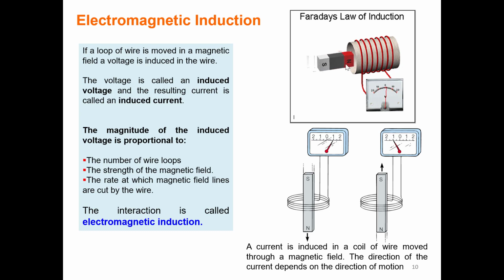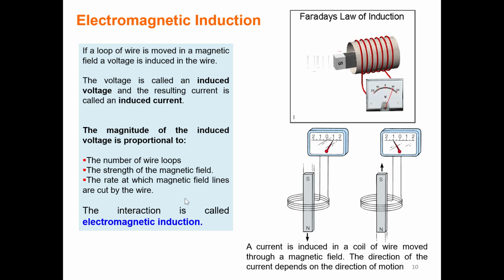The magnitude of the voltage depends on the number of loops of wire, how many loops we have, the strength of the magnetic field, and the rate at which the magnetic field is cut by the wire, which is how fast we move the magnet.